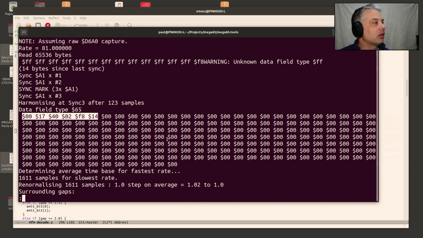Now what's interesting is that we've just got 00 bytes coming out after. Which is most fascinating, because we know, in fact, that data is being written because we see the histogram showing the RLL pattern.